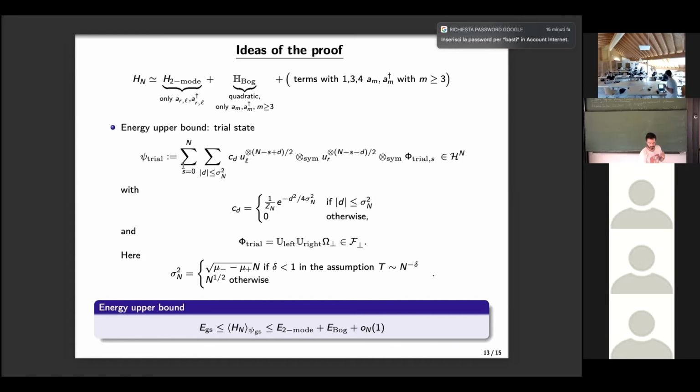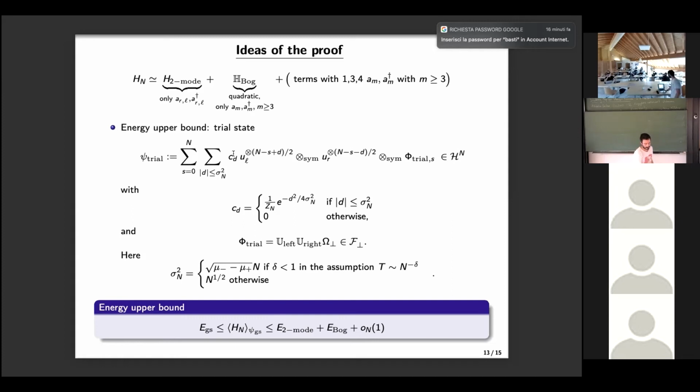The excited particles are described by this phi trial, which I will discuss later. And the remaining n minus s are either in U left or in U right. They are distributed depending on the index D, which is the difference between how many are in U left and in U right. So this n minus s plus d divided by 2 here, same with the minus here, and s excited.